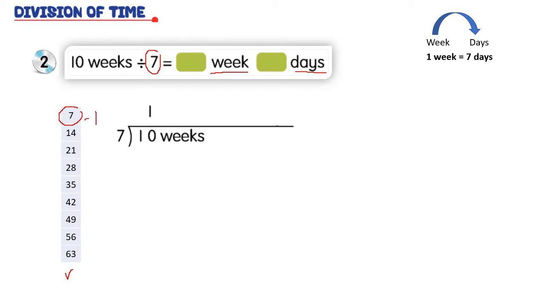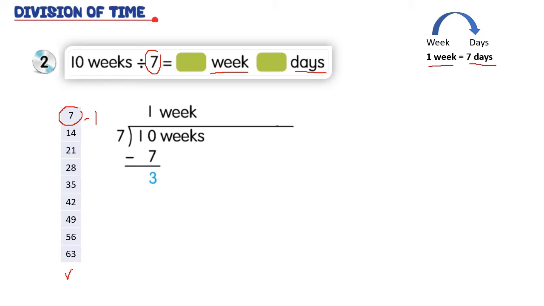So you put 1 at the top and write 7 again. Now you do your subtraction. 10 minus 7 is 3. So what happened to the 3 here? That is the difference from the division you're familiar with. You have to bring these 3 weeks. Just now, 1 week is equal to 7 days.